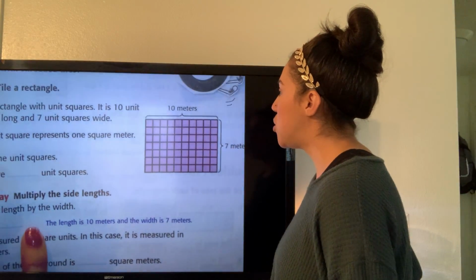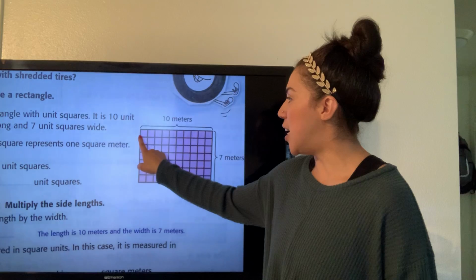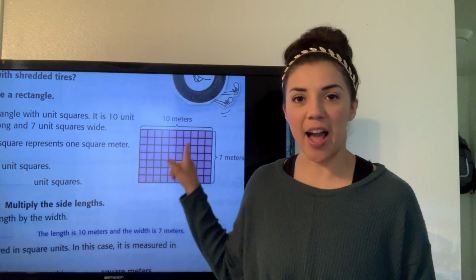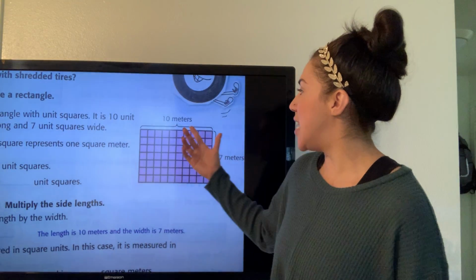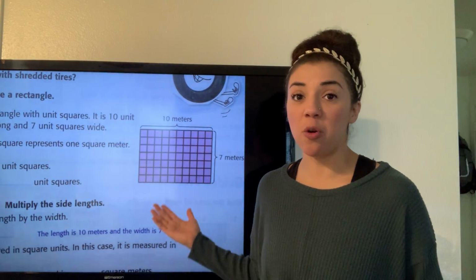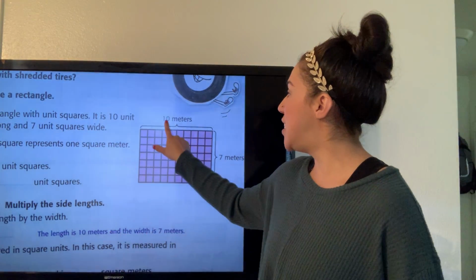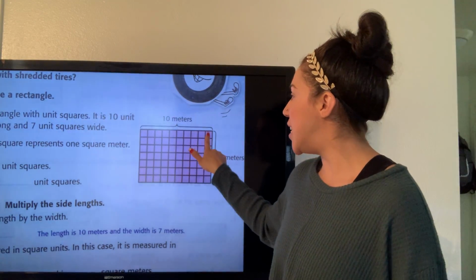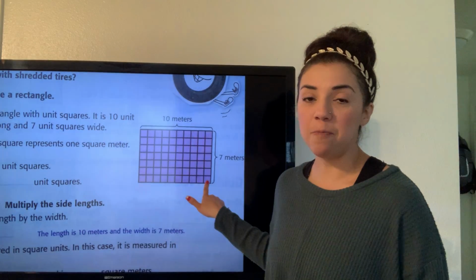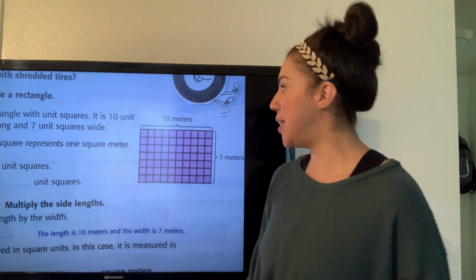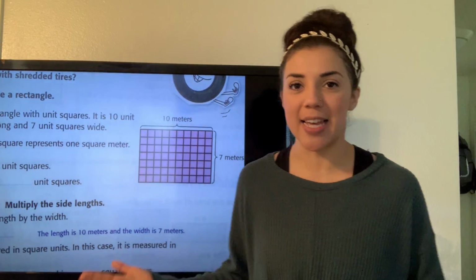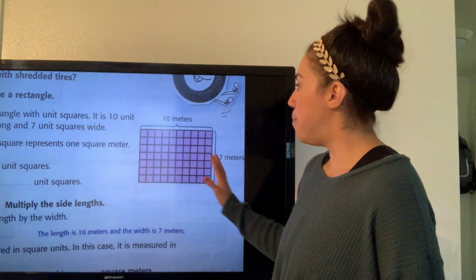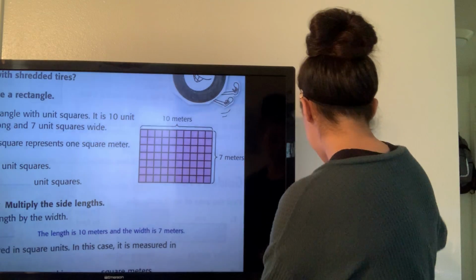And the first way they did it is to draw in the tiles or little boxes. It's kind of like an array when you look at it. So if this is 10 and 7, you would have 10 across and 7 going down, okay? The easiest way to look at this, like I said, is to look at it as an array. So they drew in all the squares here.